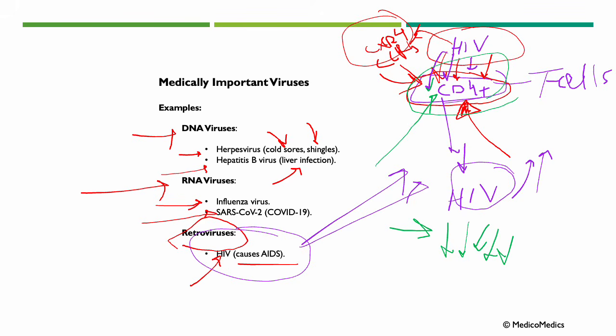So AIDS is diagnosed when CD4 T cells drop below a certain number. I will not mention this number because it's not relevant right now, but when our CD4 cells drop below a certain level, or when specific opportunistic infections or conditions escalate.